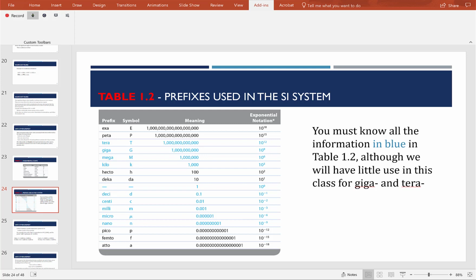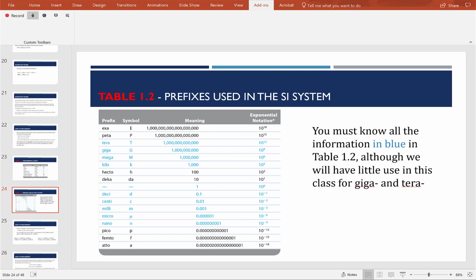In table 1.2 of the textbook, we also encounter several prefixes, and these should already be largely familiar to you. And these prefixes essentially indicate what multiple of 10 we are referring to in reference to a unit.